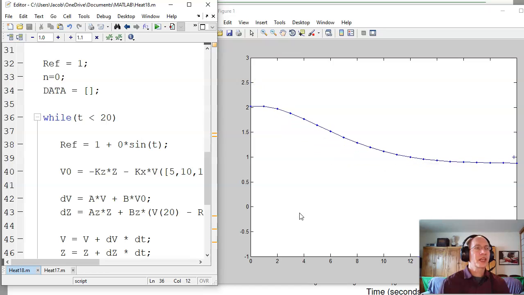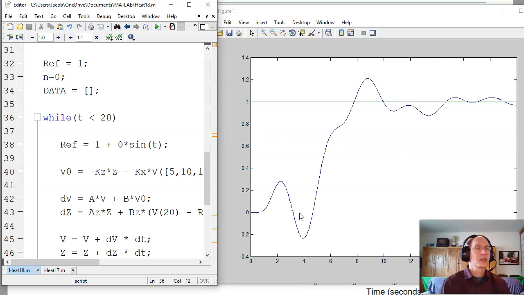So that's tracking a constant set point. Let it run for a bit. And eventually it does track a constant set point.